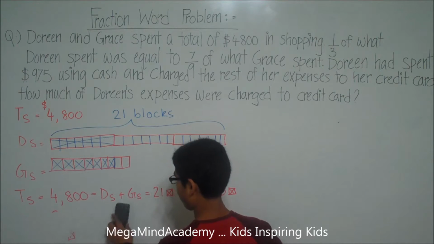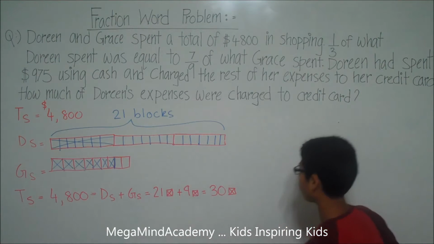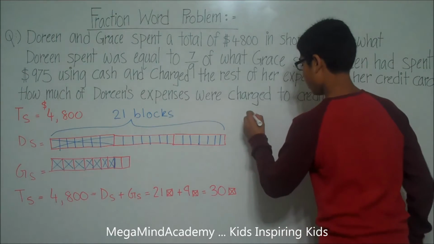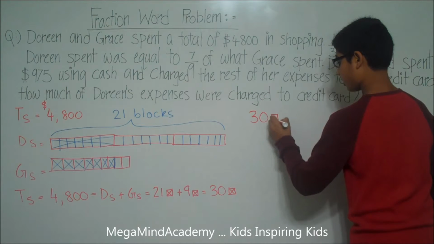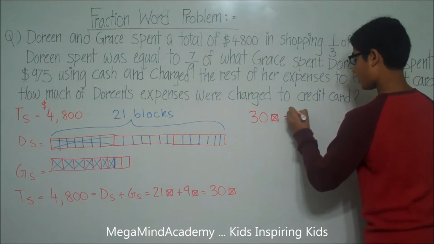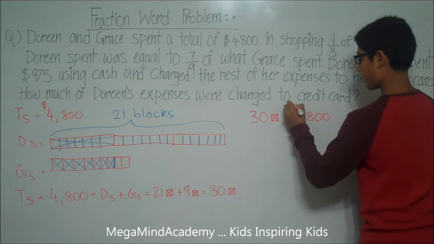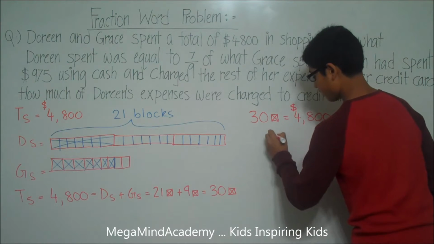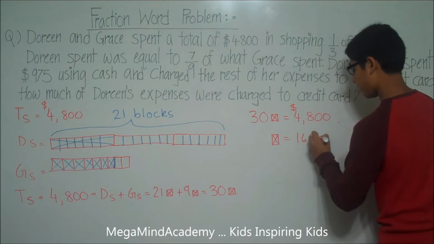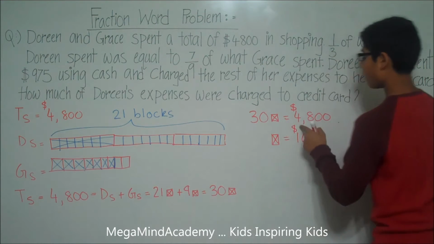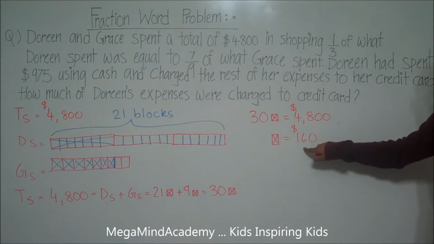Let's actually write this all up here. 1 block is equal to $160 because $4,800 divided by 30 is equal to $160.